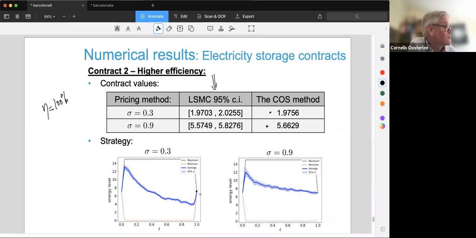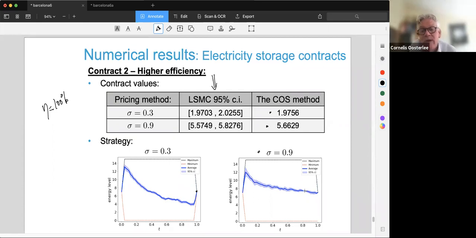We see more or less the same for a higher volatility. We first buy, and we have some uncertainty, and a 95% confidence interval. We are always in the 95% confidence interval. In some of the scenarios, apparently the maximum is taken and also the minimum. But in the bulk, it's first buying and then releasing energy.